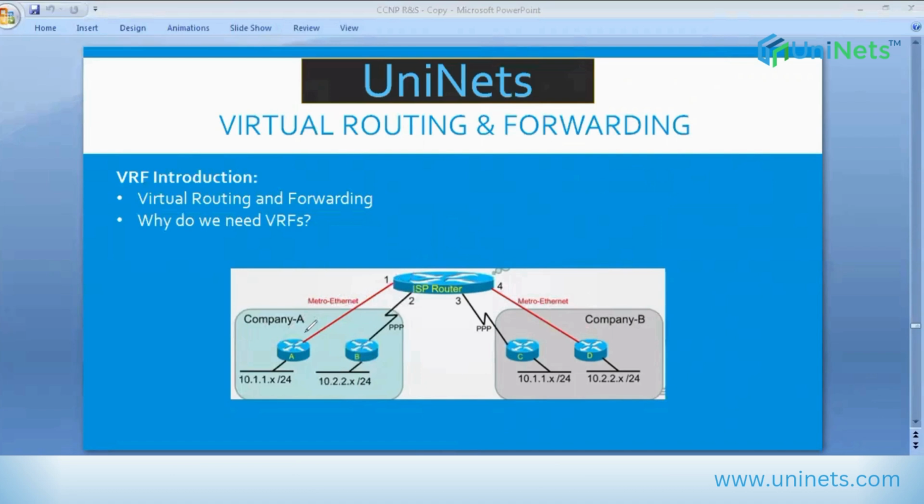Now 10.1.1.x from company A, 10.1.1.x from company B, and the same from A and B. Right? Now it has received the information from two sources, 10.1.1.x from router A and from router C.